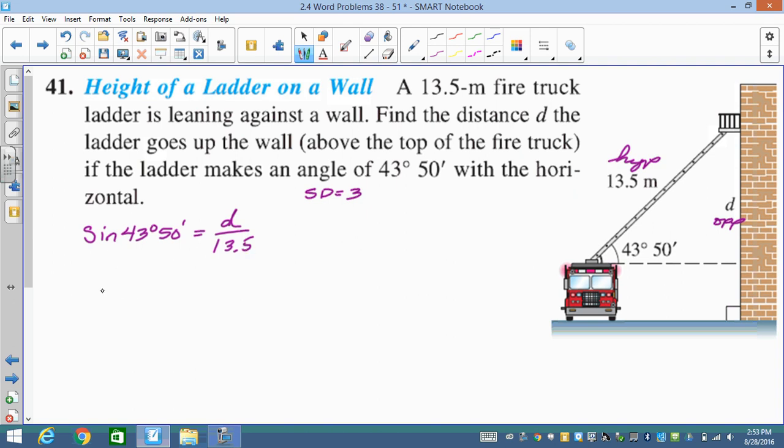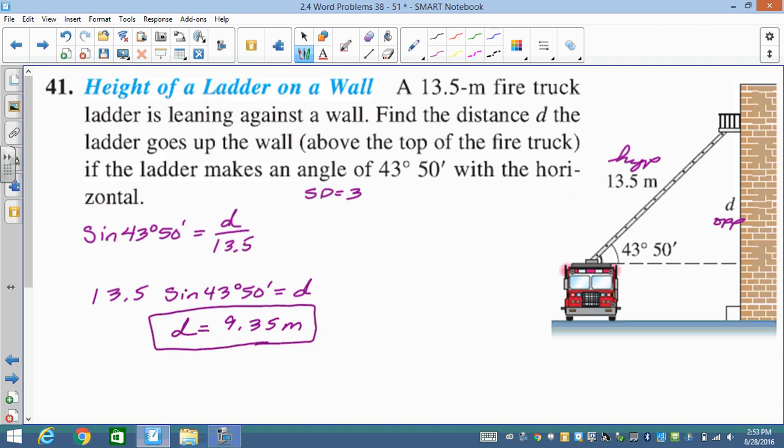Multiply both sides by 13.5 and we get 13.5 sine of 43 degrees 50 minutes equals D. And at this point, all we have to do is throw that into the calculator, and we get D equals 9.35 meters. 3 significant digits. Even though this only has one decimal place, we are looking for 3 significant digits.